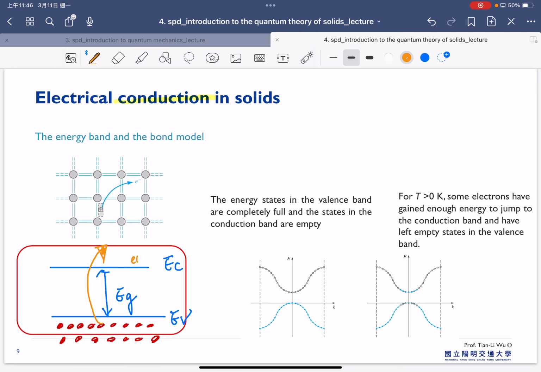And remember, this is a place that is empty. This jumping from here to here is a current. So in this case, conduction in the solid can be perfectly explained by the band diagram.